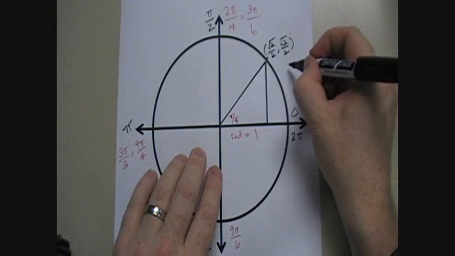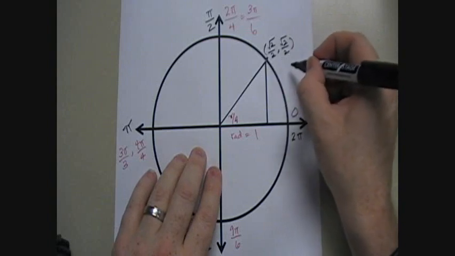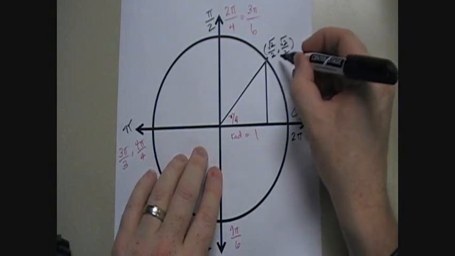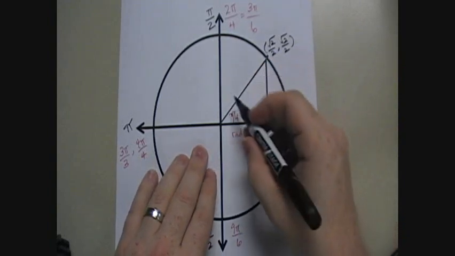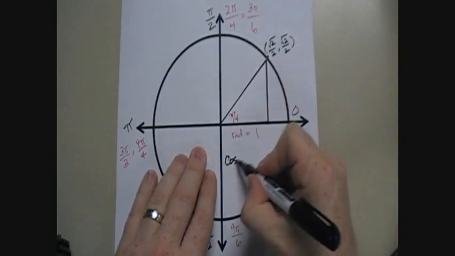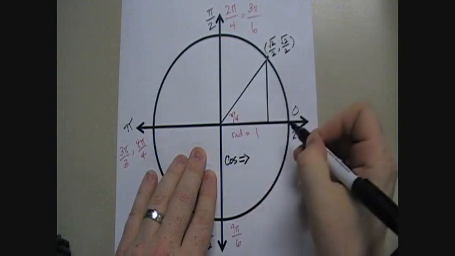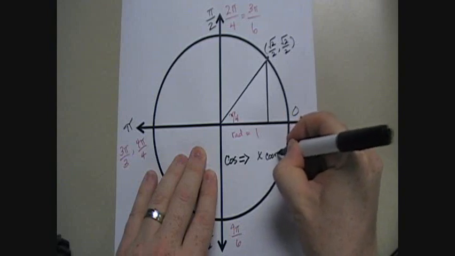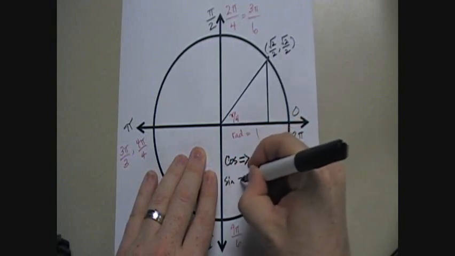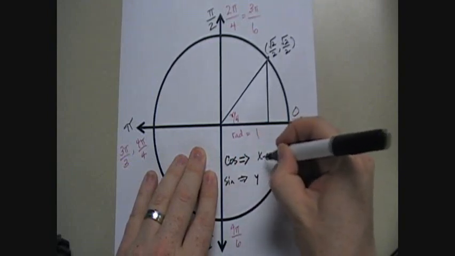Like I said, this was 1, 0, this was 0, 1. Well, this coordinate is square root of 2 over 2, comma, square root of 2 over 2. In this case they're both the same, but what we find is that since the adjacent is cosine, cosine will always line up with the x coordinate, and sine will always line up with the y coordinate.